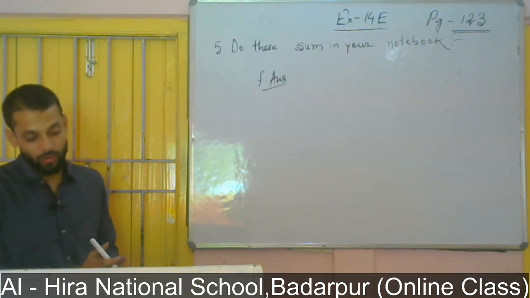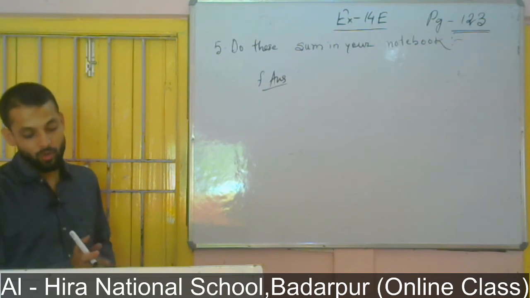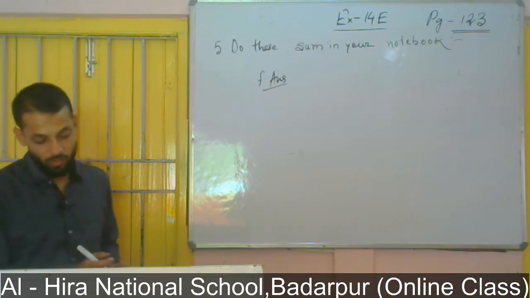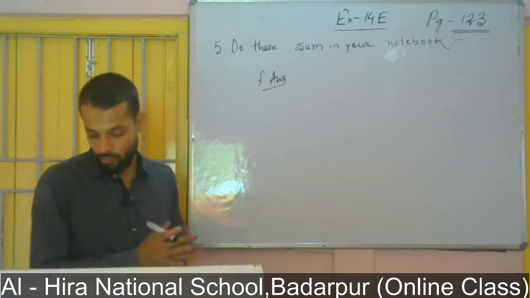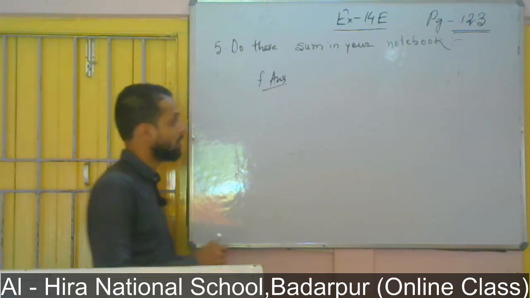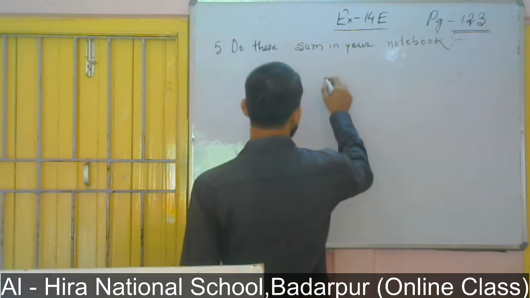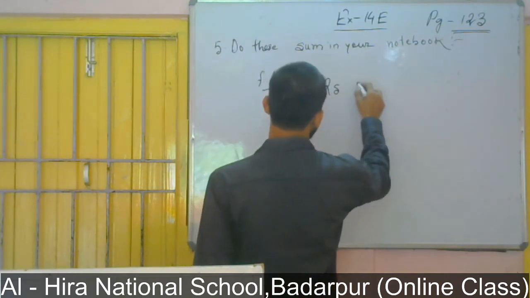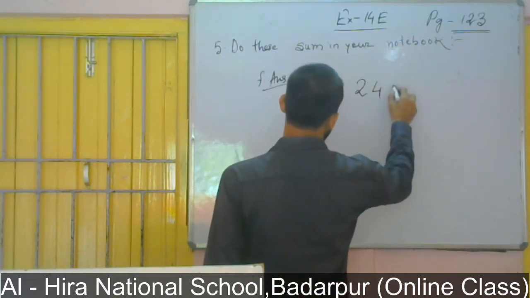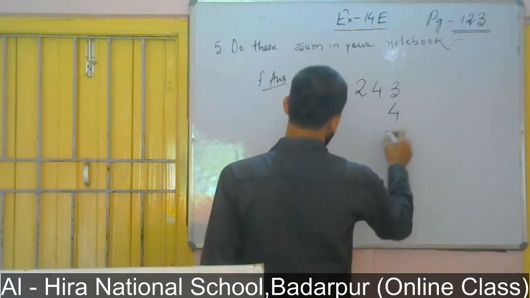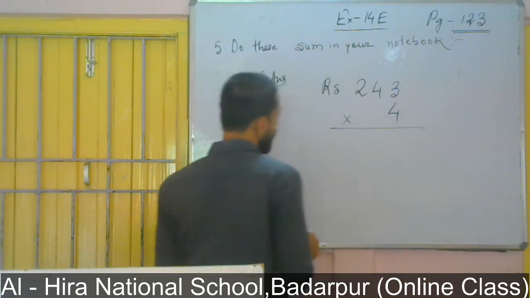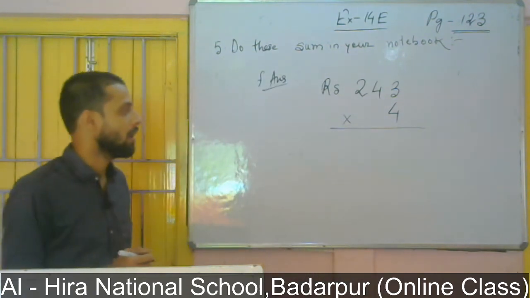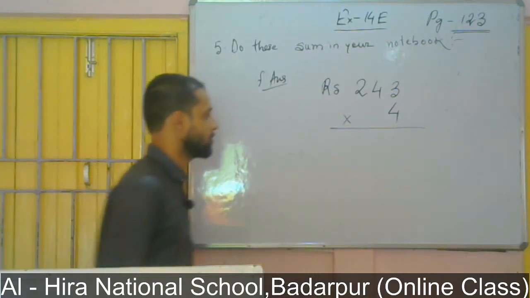So here we are going to multiply 243 by 4. Why by 4? Because the price of his car is 4 times that of her doll. That is why we are going to multiply.